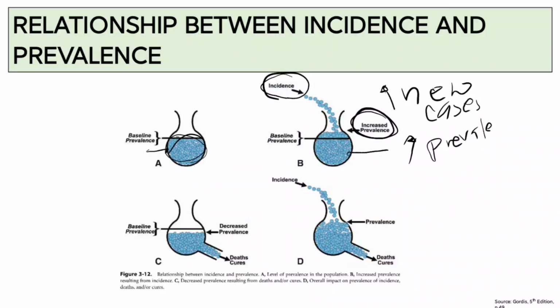Okay? So, kung mapapansin nyo, kapag nagkaroon ng new cases, prevalence cases increases as well. Okay? Diba? So, letter C. Pag letter C naman, check nyo. Deaths or cure decreases prevalences.